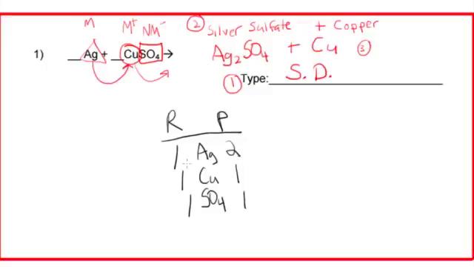Well, clearly this is not balanced. Since I don't have oxygen or hydrogen, I go in any order I want. I'm going to go with silver. The way I can make 2 silvers on this side is a 2 as the coefficient, which makes this a 2, which makes this balanced. And that's all there is to it.